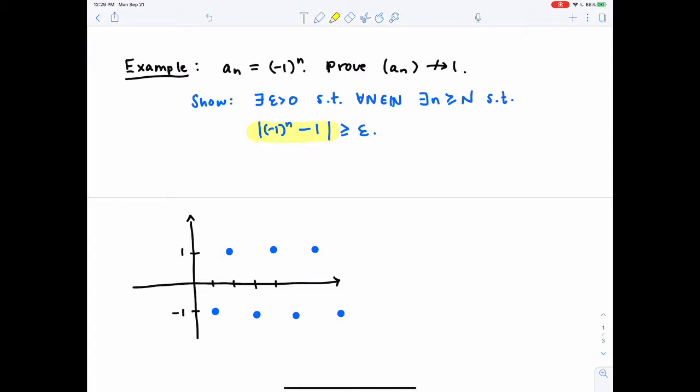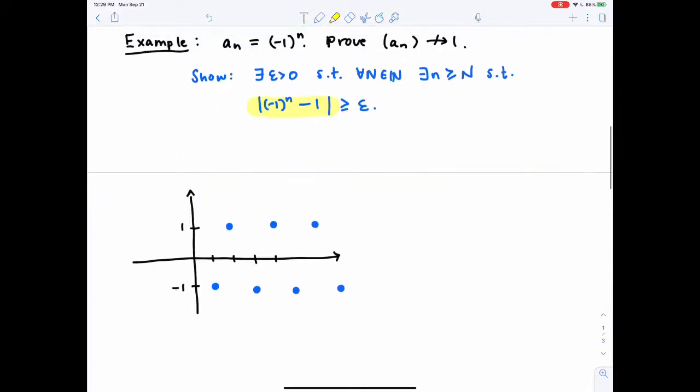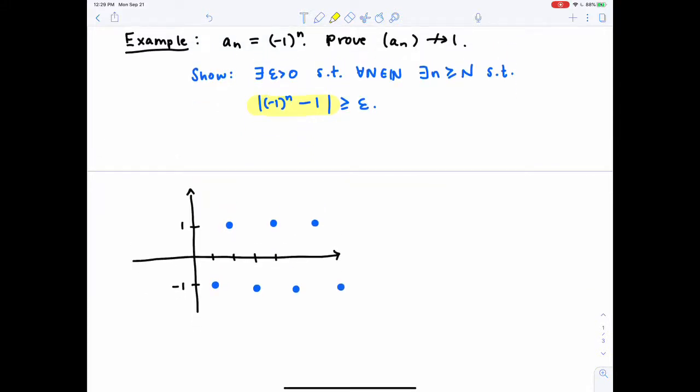It should be greater than or equal to epsilon. And so I've drawn a picture of my sequence down here, and we're going to be putting an epsilon band around the number 1, because 1 is our value that we're supposedly not converging to, and we need to find a thin enough epsilon band such that when we do that, there's always going to be an outlier in the tail, no matter where we chop our tail.